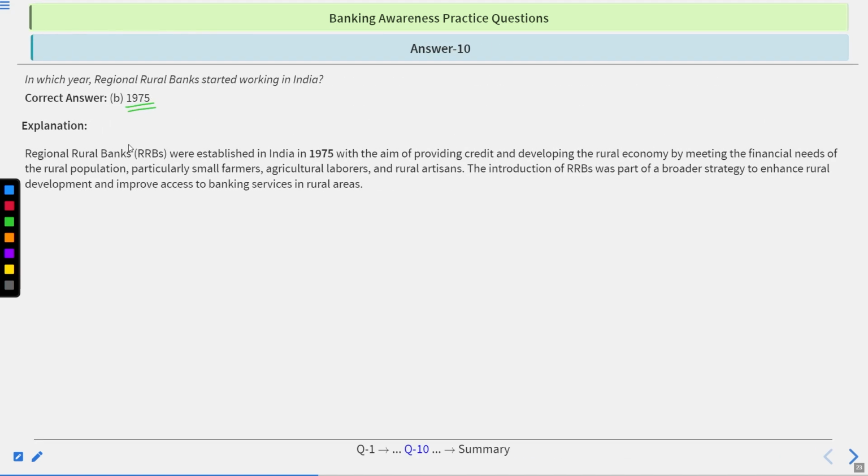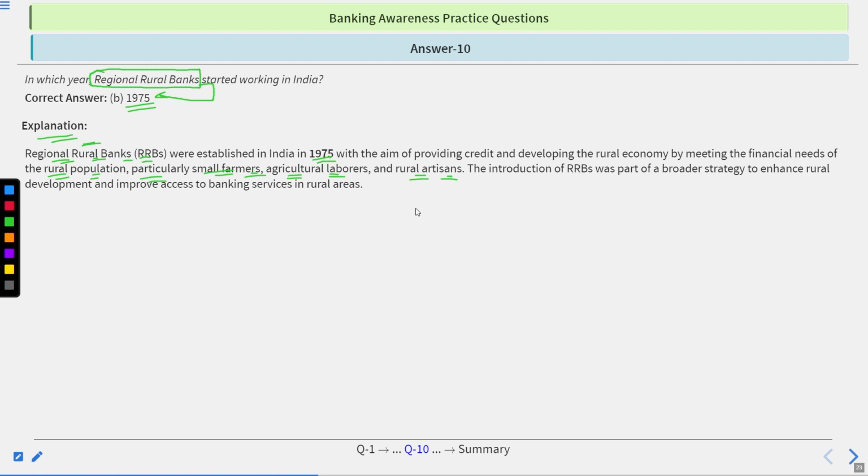Correct answer is 1975. So regional rural banks started working in 1975. If we go by the explanation, regional rural banks established in India in 1975 with the aim of providing the credit and developing the rural economy by meeting the financial needs of the rural population, particularly the small farmers, agricultural laborers, and rural artisans, who generally are not entertained by the normal banks.